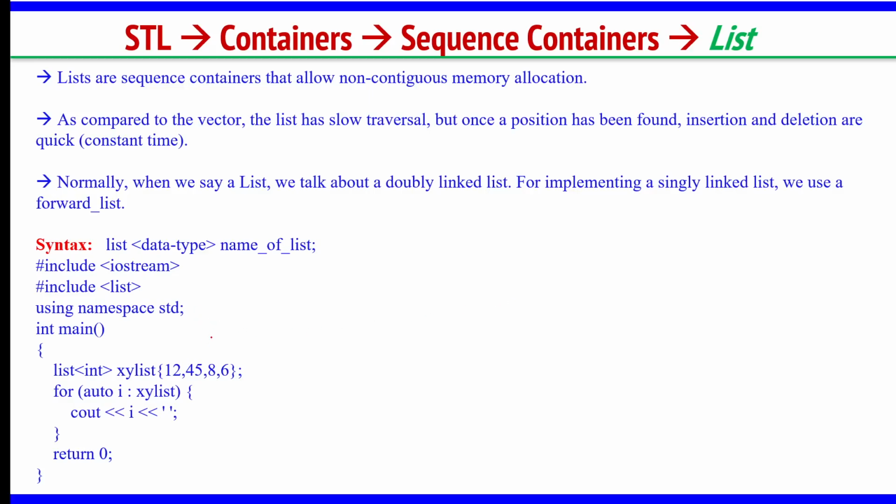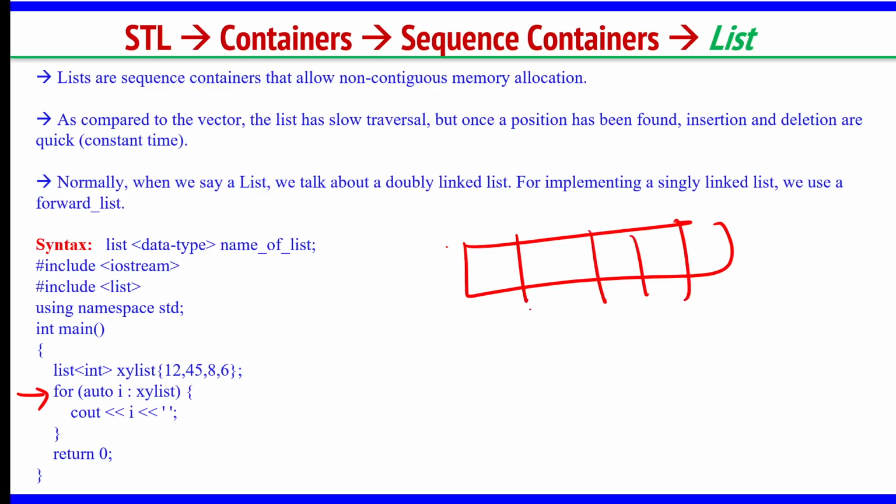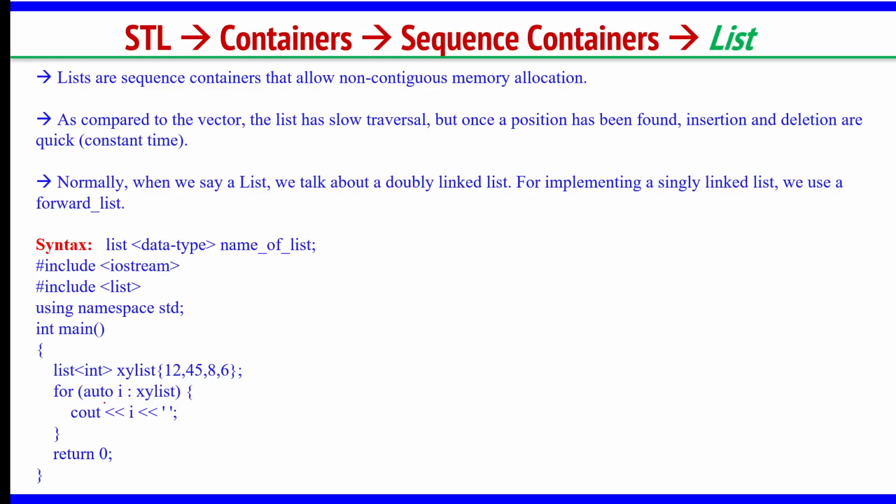Now, if you want to print the list elements, this is a for loop which we are yet to study in iterators. When you have a container with certain elements, you have to use iterators to traverse the elements. So, how do you traverse a container? We have to use iterators.